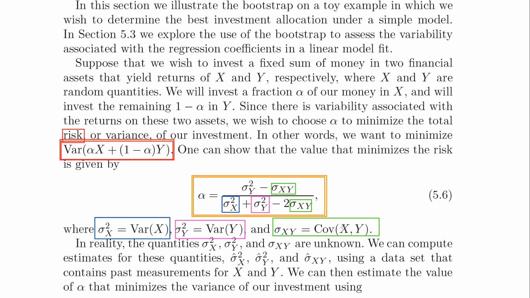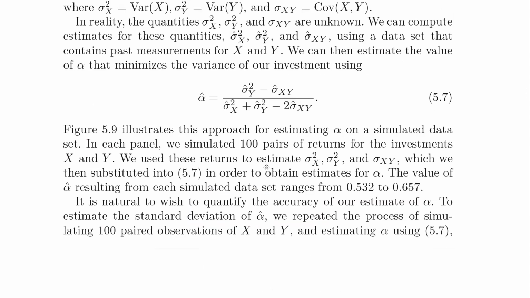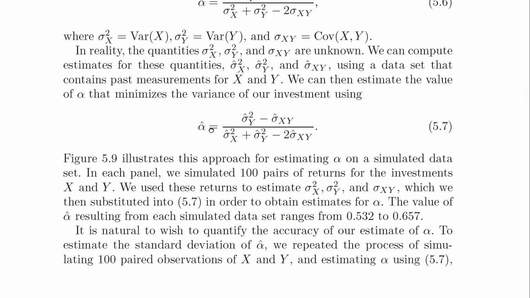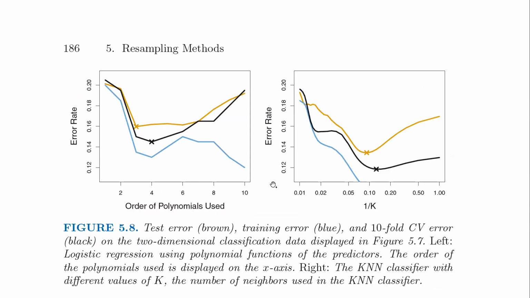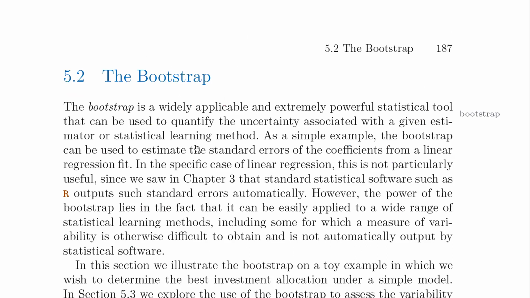We can then estimate the value of alpha that minimizes the variance of our investment using the same formula, but it is an estimate, a function of these estimated variances and covariance. And we're going to do this over here.